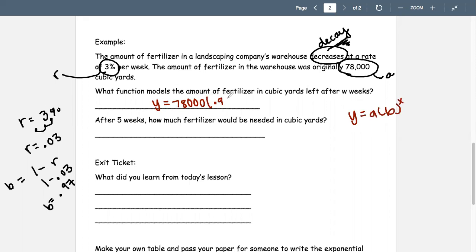To the power of x. Awesome. Thank you, Sophia. So then the question says, after 5 weeks, how much fertilizer would be needed in cubic yards? Perfect. So plug in 5 for x and calculate that.